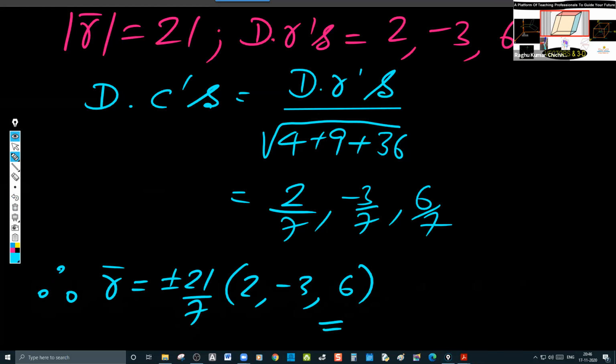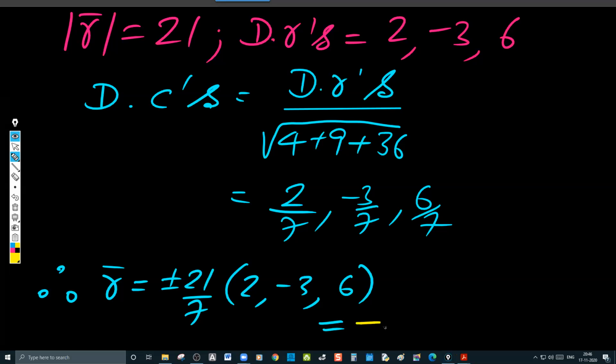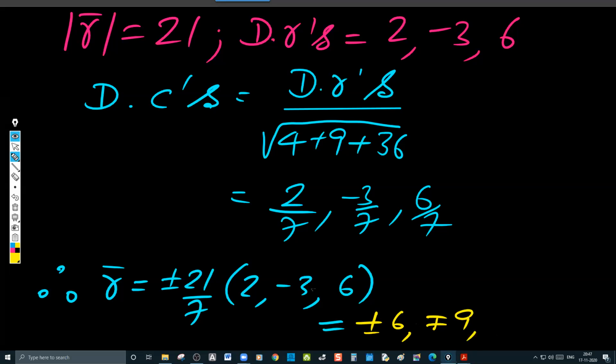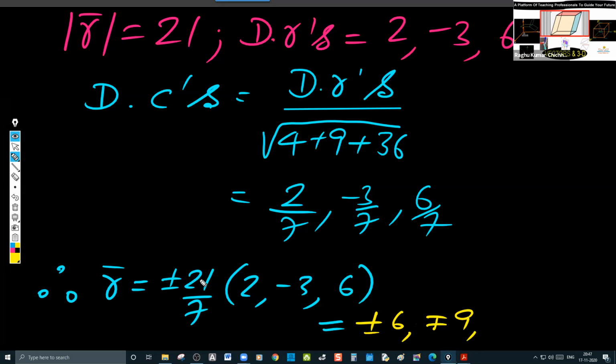So what should be the final answer now? Plus or minus 21 by 7 into (2, minus 3, 6), which is 3 into that. Plus or minus 6, comma, minus or plus 9, comma 18.